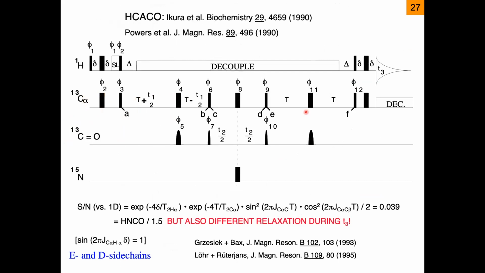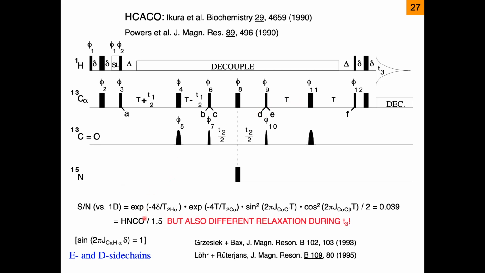This has one problem. You detect alpha protons. This is close to the water, and you may overcome it to some extent by working in D2O. But the bigger problem is that the alpha relaxation is faster and more varied than the amide proton nitrogen relaxation.